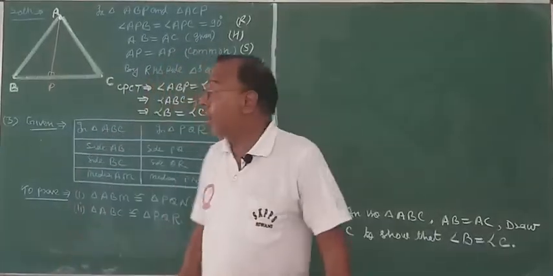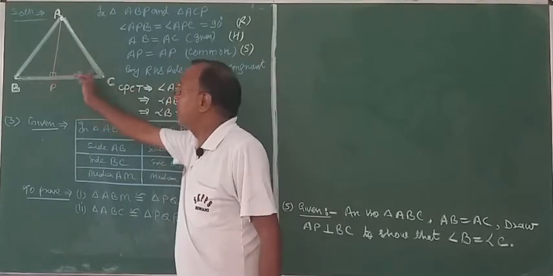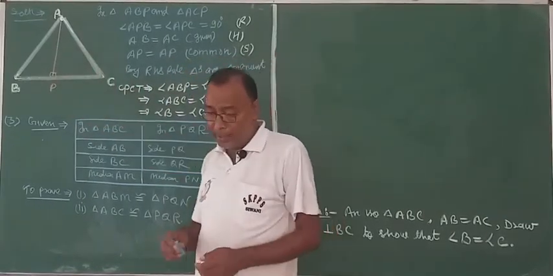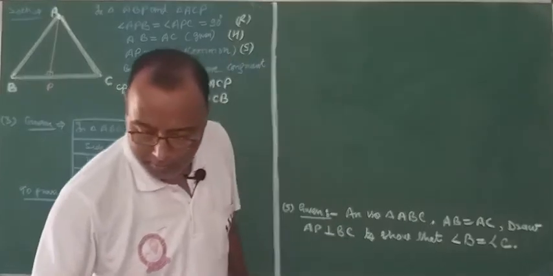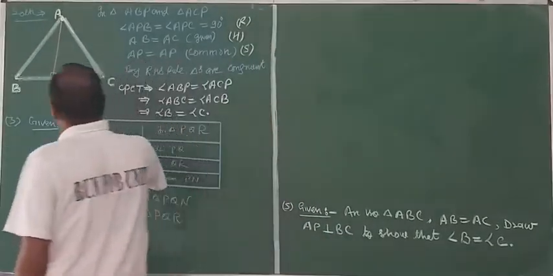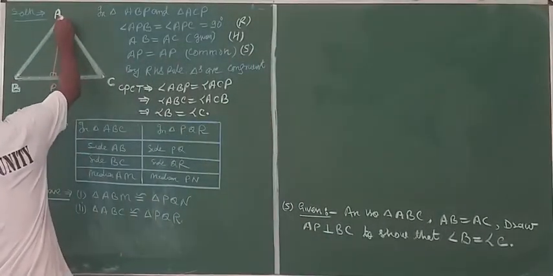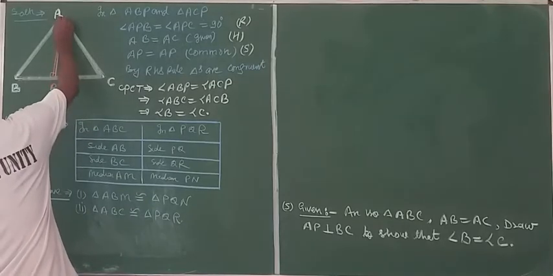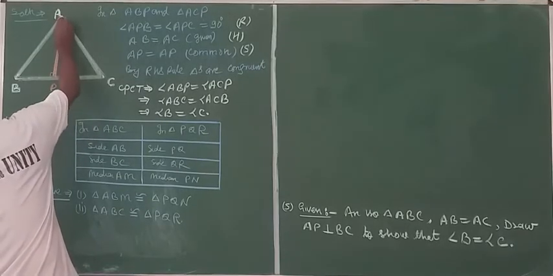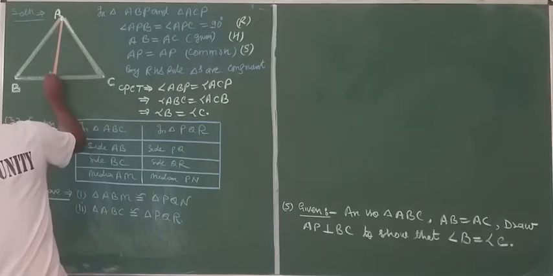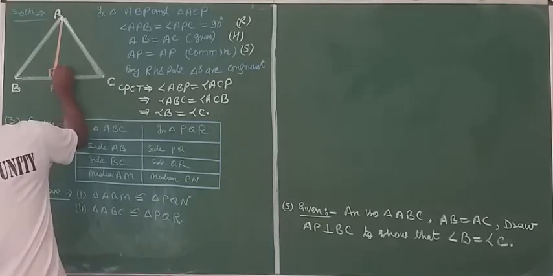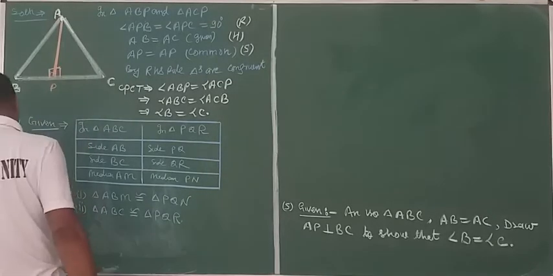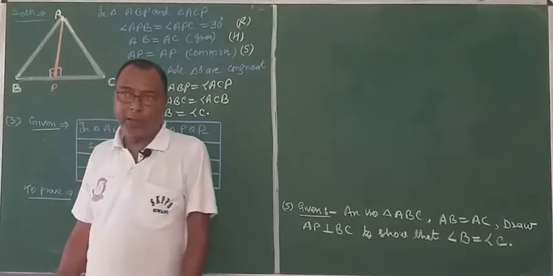You are given an isosceles triangle ABC, and this AP is perpendicular to BC. Is it okay here?